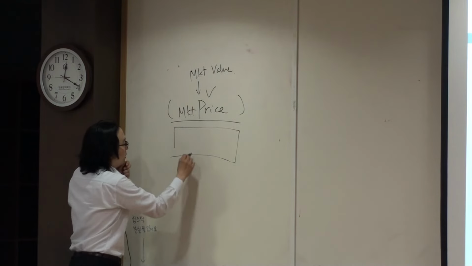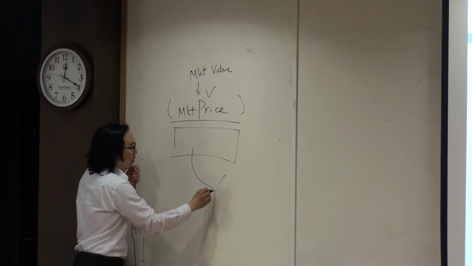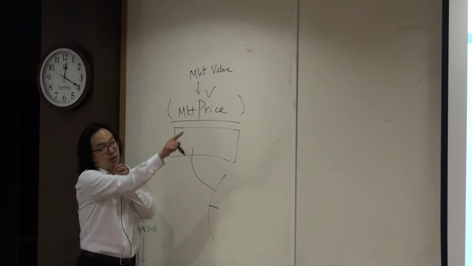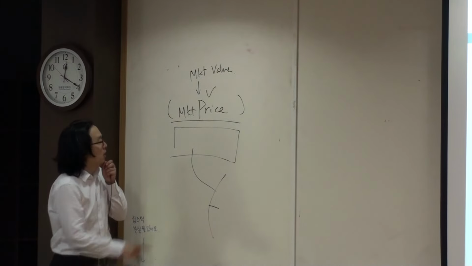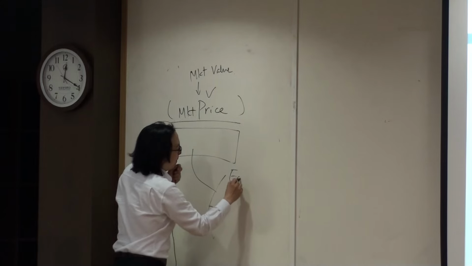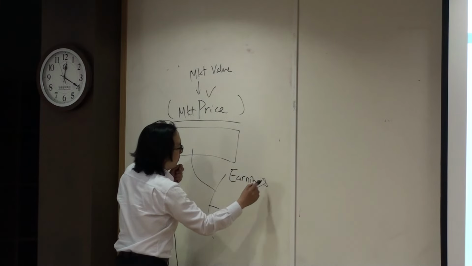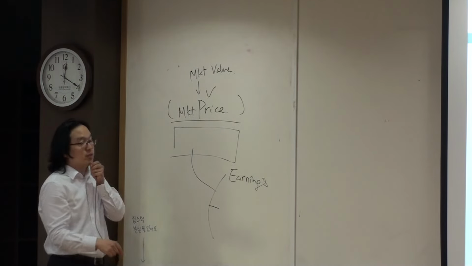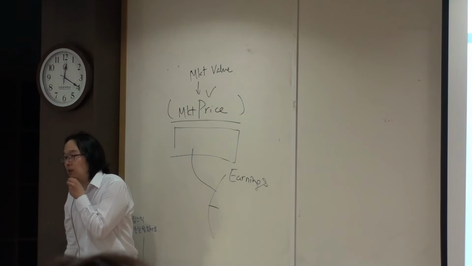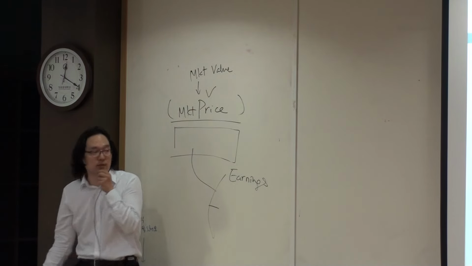What kind of variable we use determines the group of multiples that we categorize. It could be earnings related variables, which is net income or operating income or EBITDA kind of things.